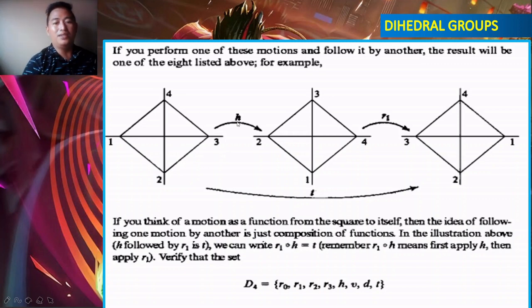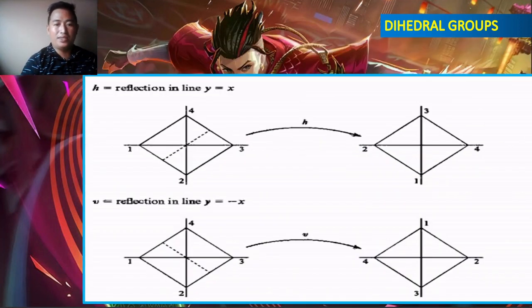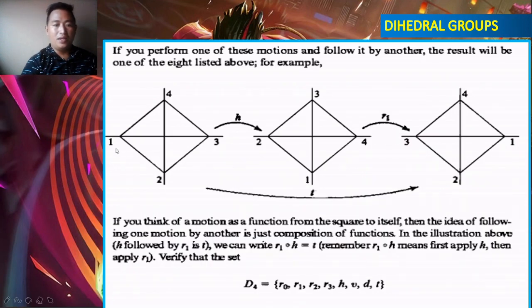This is the original. We apply H. H is the reflection in line y equals x. So 4 and 3 swap, and 2 and 1 swap. So 2 and 1, and then 4 and 3. Okay, so we have performed H.